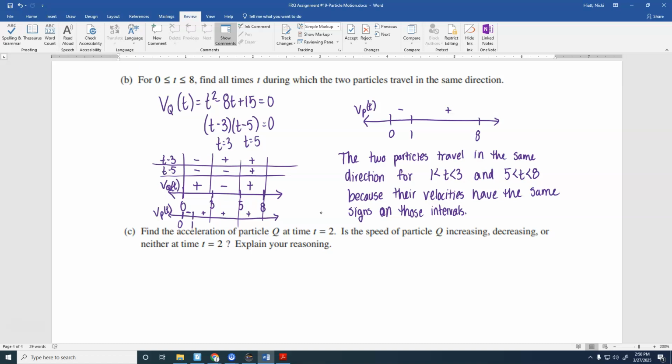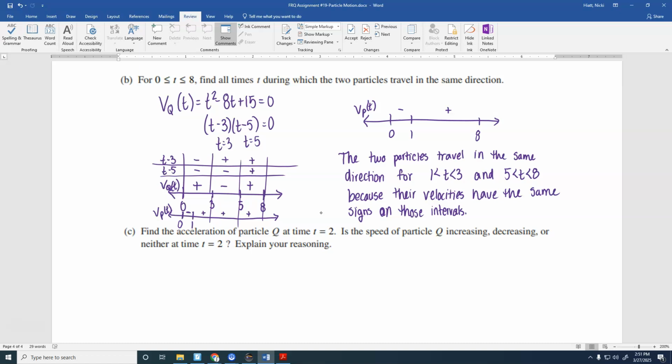Okay, questions there? Okay. C asks us for the acceleration of the particle q at time t equals 2. And then they ask us for speed increasing, decreasing, or neither at time t equals 2. So let's start with acceleration.